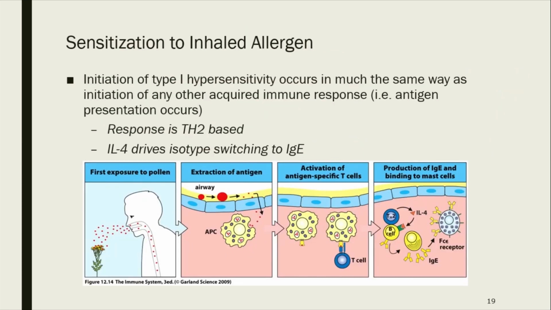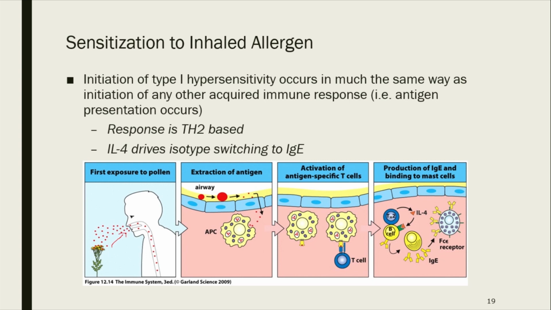Alright, let's take a look at a graph here to help us see how this IgE formation happens. The initiation of type 1 hypersensitivity looks just like this diagram. You inhale some pollen that goes into your body.